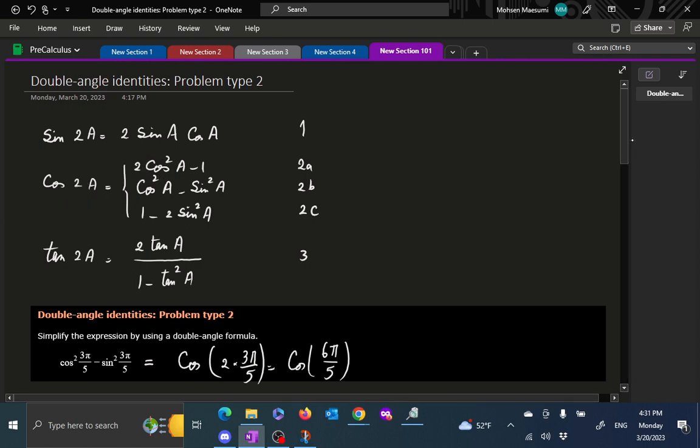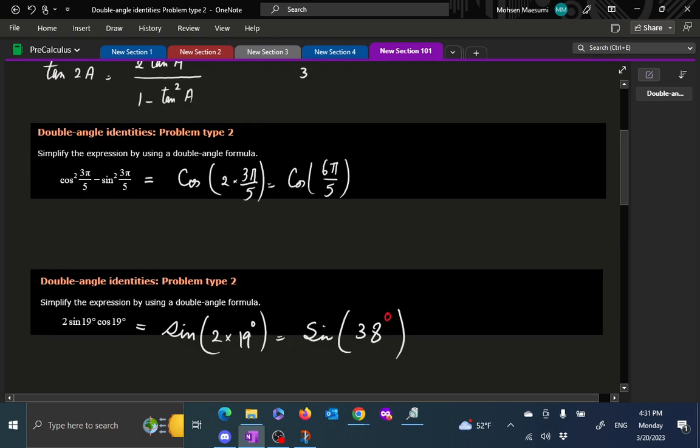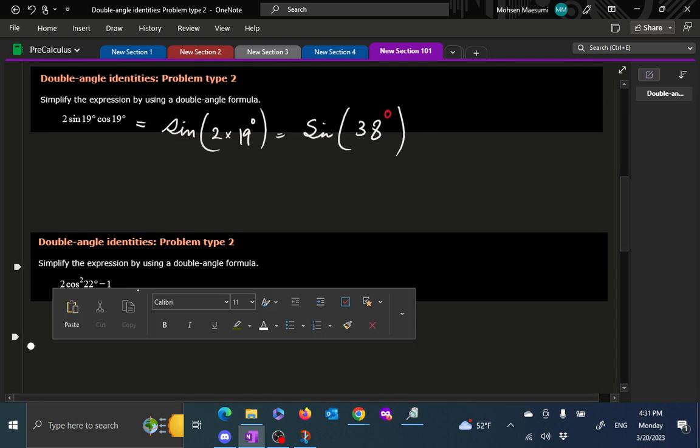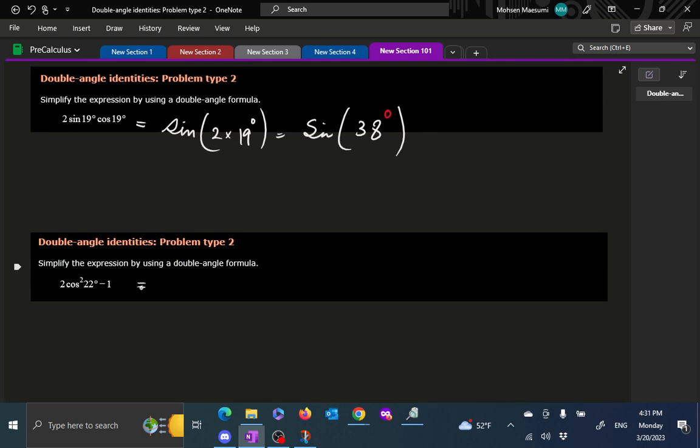Either way, it's just cosine of double the angle, double of 22 degrees. That's cosine of 44 degrees. The software is not expecting you to use a calculator to give decimal numbers and such. You're just entering cosine of 44 degrees, and again, do not forget the degree symbol.